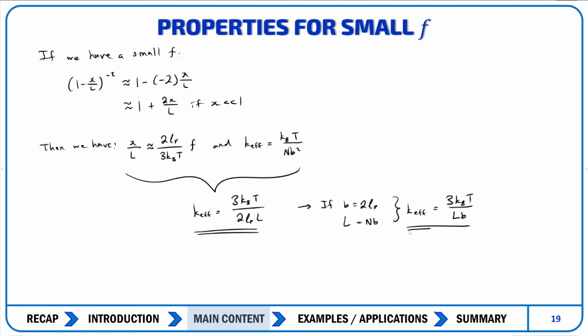So these are two different ways of simplifying that model to calculate the effective spring constant for a polymer chain, or in this case for DNA. So we've taken a look at what happens if we assume a really small external force, and we can also see how we can simplify the parameters so that we can redefine the effective spring constant. Now it's time to take a look at what happens if we increase the external force to a much larger value.